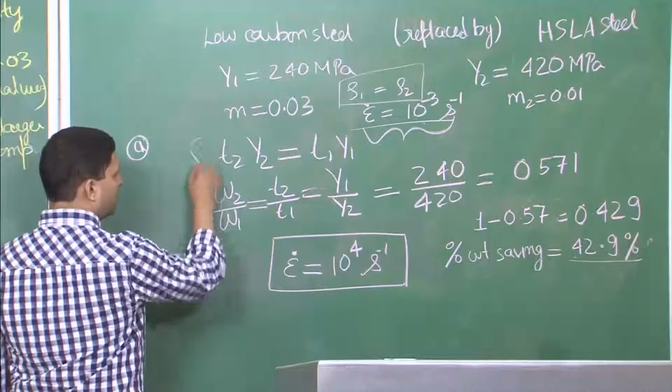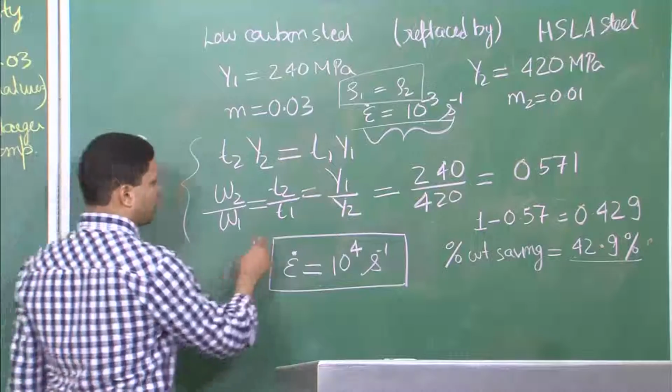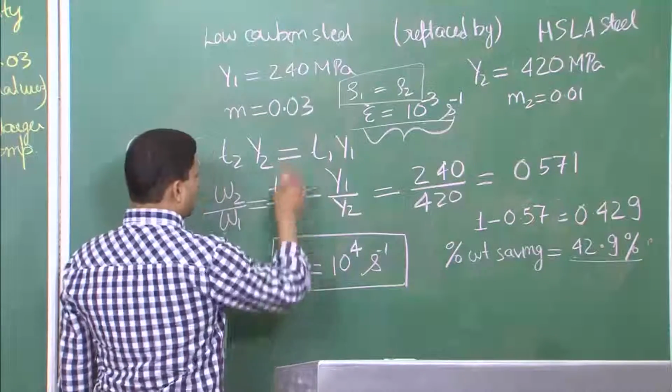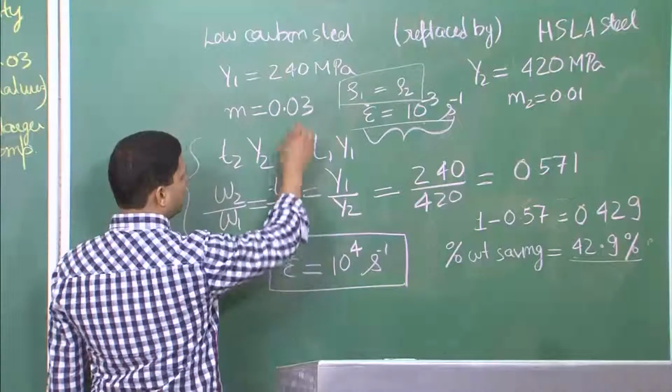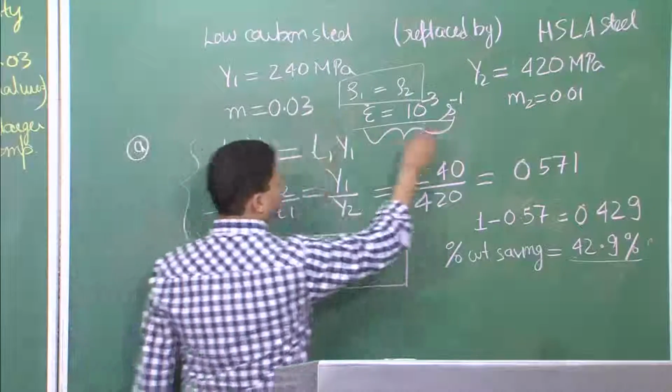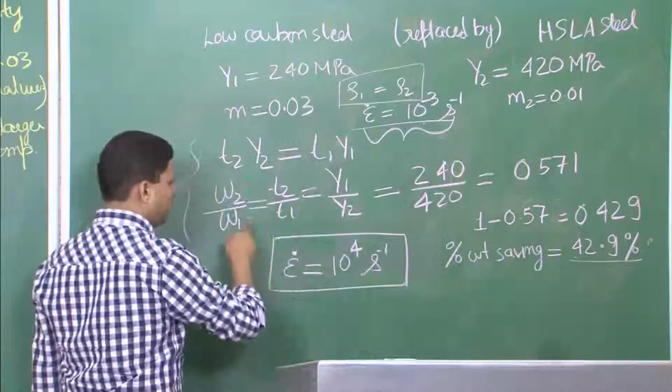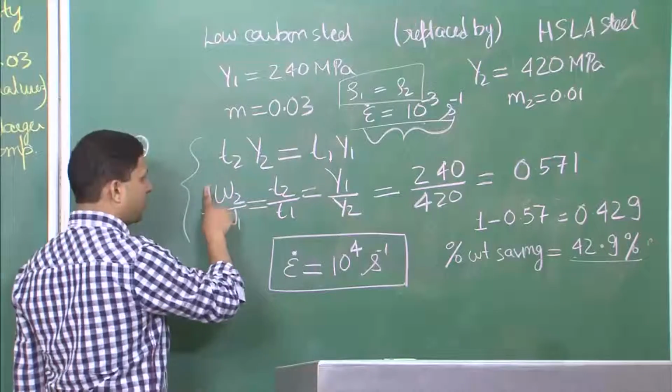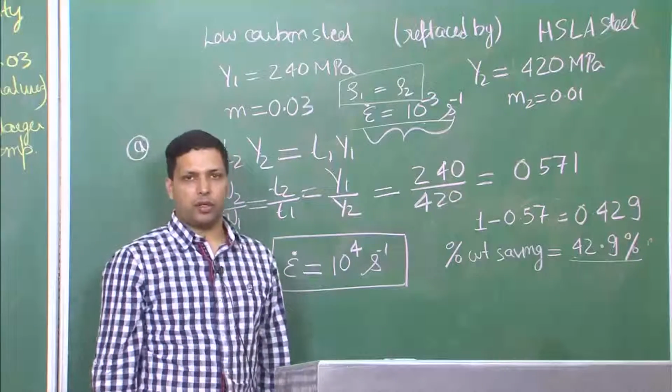I have already given you the steps for this one. The next step, all you have to do is, for this strain rate, calculate the new yield strength for the two materials, and then with the new yield strength again calculate what will be the weight ratio.